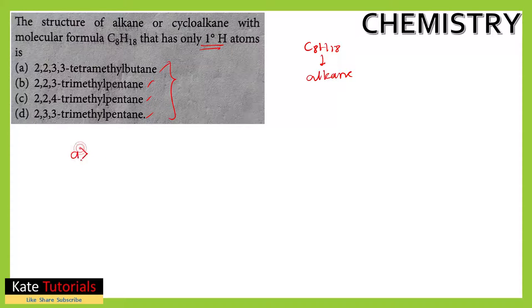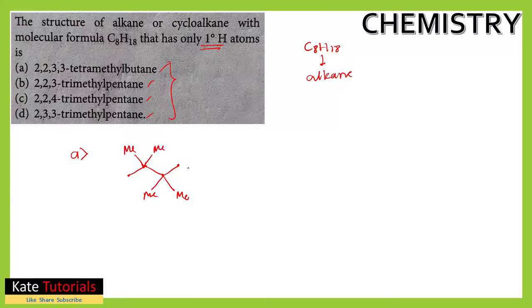The structure of A, 2,2,3,3-tetramethyl butane. Butane means how many carbons? 4 carbons, so this is 1, 2, 3, 4. Numbering, let me start here: 1, 2. So 2, 2, CH3 groups here, and here 3, 3.